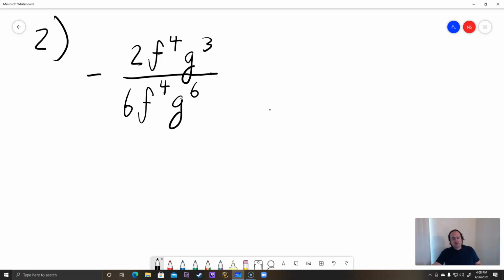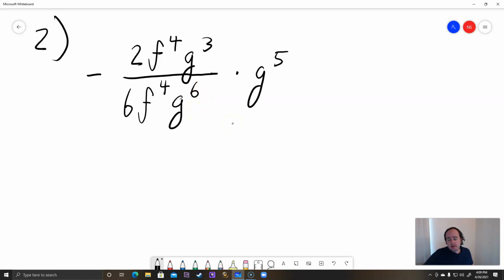Okay, so we have negative of the fraction 2f to the 4 g to the 3 divided by 6f to the 4 g to the 6th, times g to the 5. So there's a lot going on here. But basically we have minus a fraction 2f to the 4 g to the 3 over 6f to the 4 g to the 6, and then we have the fraction times g to the 5.